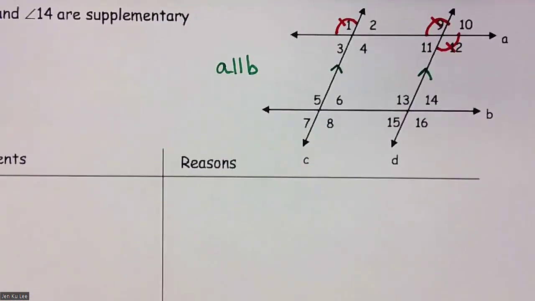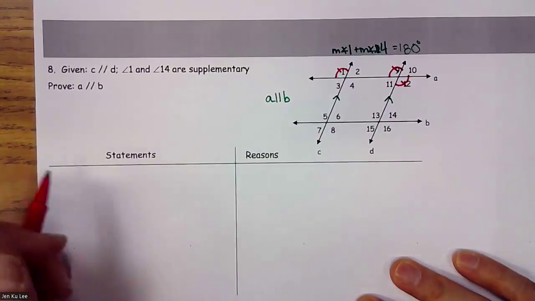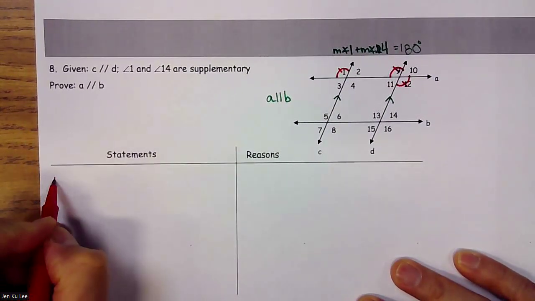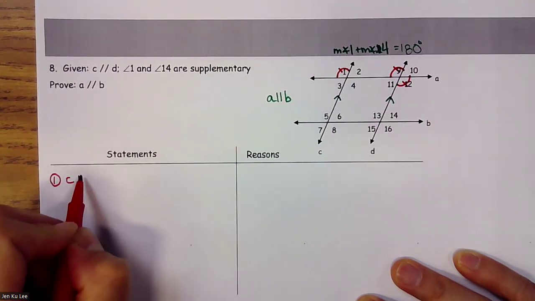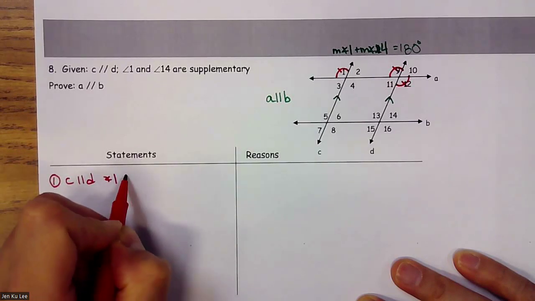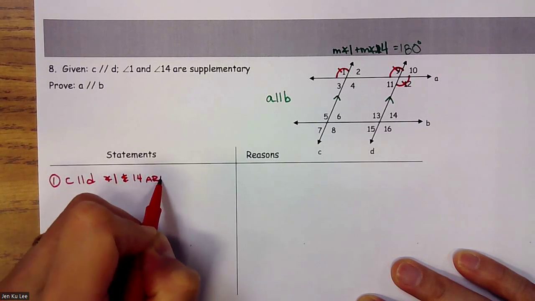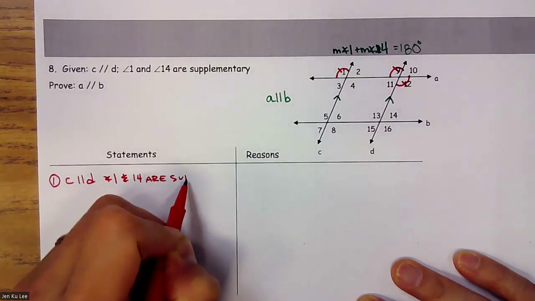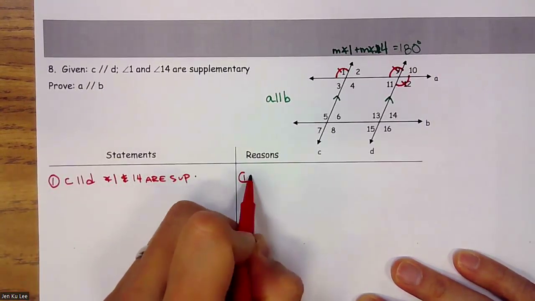But we're going to do this in a two-column proof. Okay, so the first step is C is parallel to D, angle 1 and angle 14 are supplementary. I'm just going to put "sup" for supplementary.